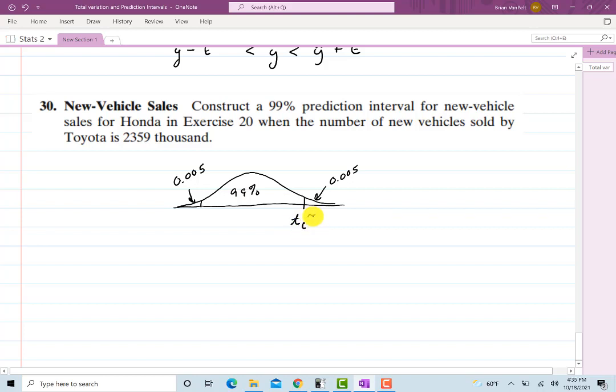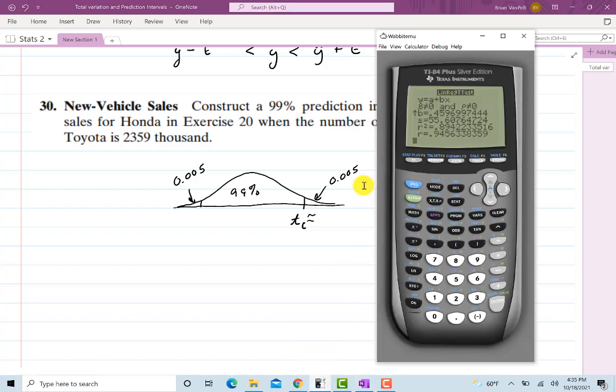Let's use the calculator for that. Remember, whenever you want this, you want an inverse T. So we're going to go to our distributions, that's above variables, and we'll choose number 4. And now we want this to be 0.995.